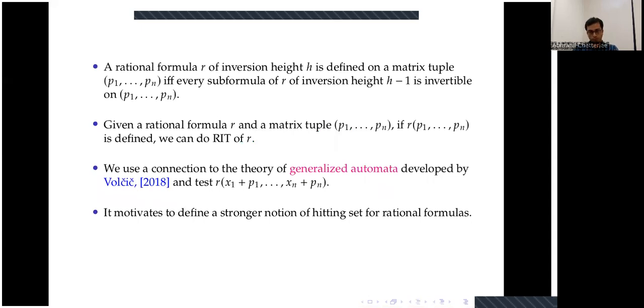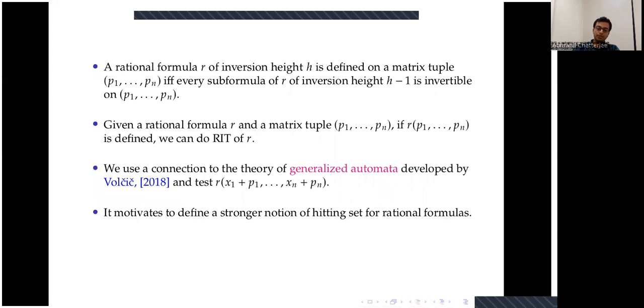Intuitively, what we do is shift the rational formula by this point P1 to Pn. You can think of it as some non-commutative analog of Taylor series expansion, and then we can construct a hitting set efficiently. If we want to do this, for the smaller inversion height, we need to ensure that the values are invertible, not only non-zero.